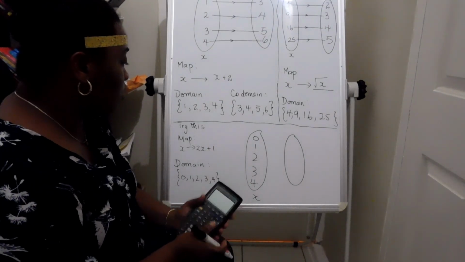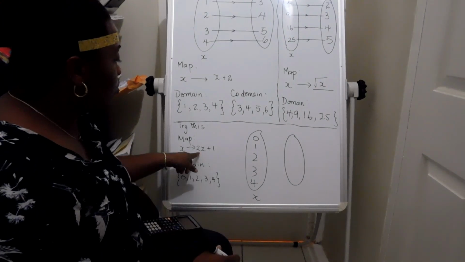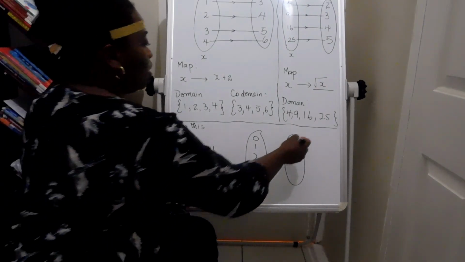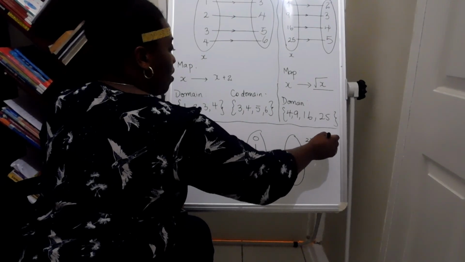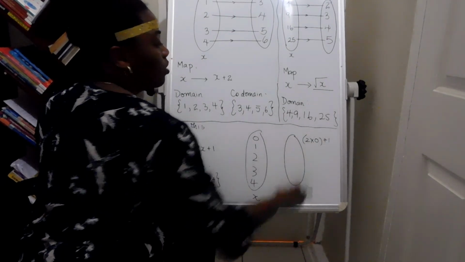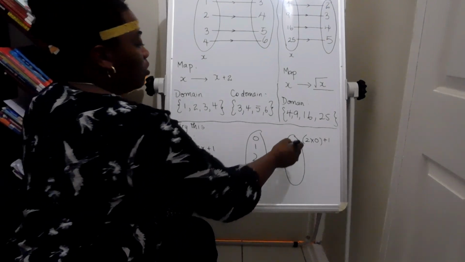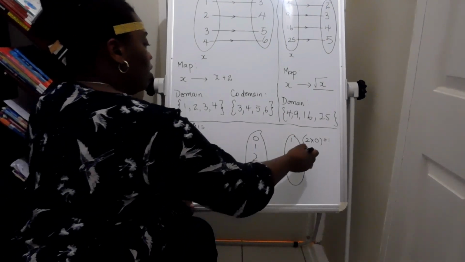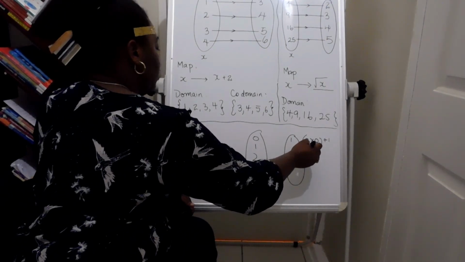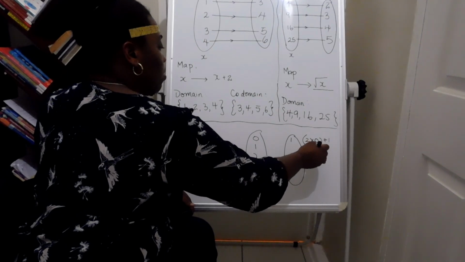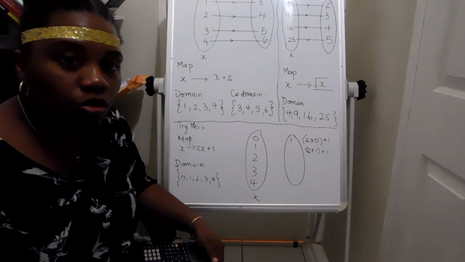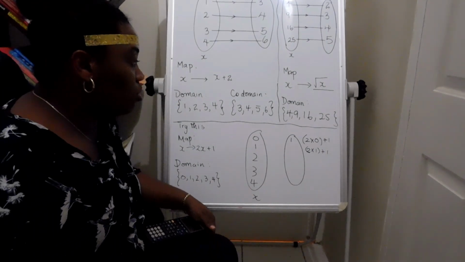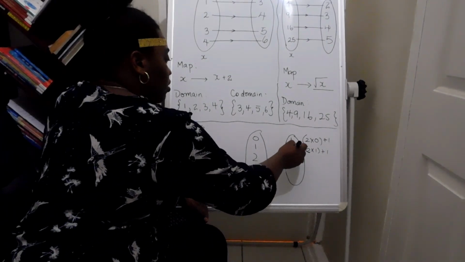If x is 0, for this one in here it's 2 times 0 plus 1. So 2 times 0 will give you 0, and 0 plus 1 will give you 1. The next image would be 2 times 1 plus 1. So 2 times 1 is 2, and 2 plus 1 is 3.